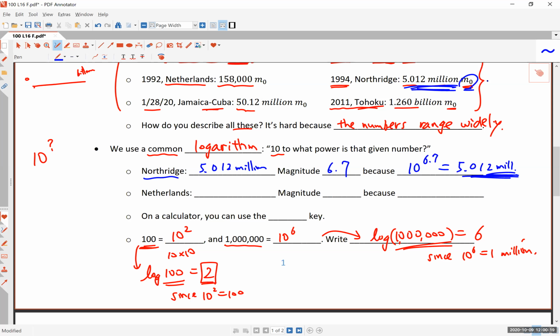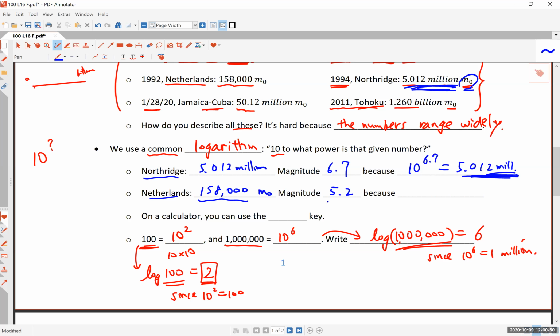So you say that was a 6.7 earthquake because the intensity of the energy caused by the earthquake was about 5.012 million times mu naught. The one in the Netherlands was 158,000 times mu naught, or I should say m naught. We look at that number and ask the question, 10 to what number is that? And the answer is 5.2.